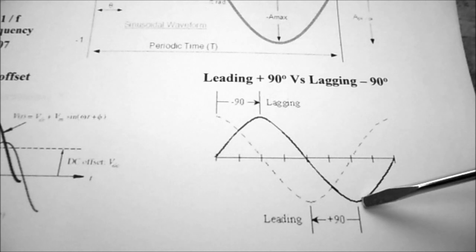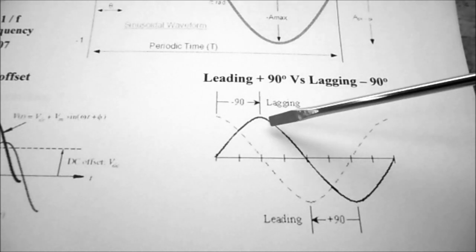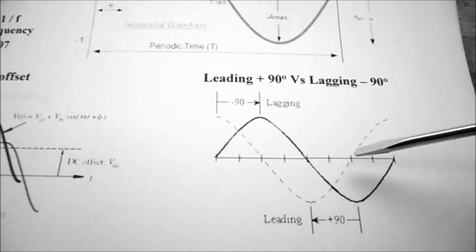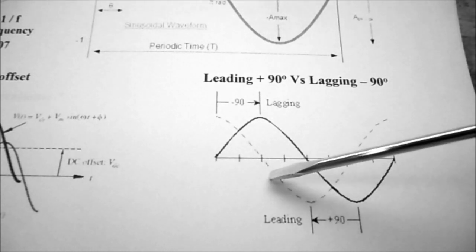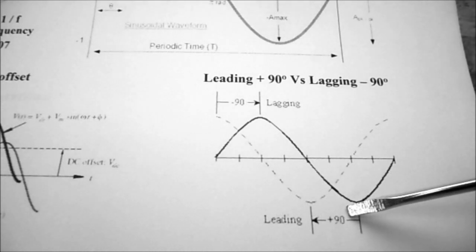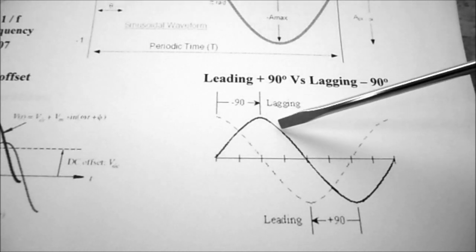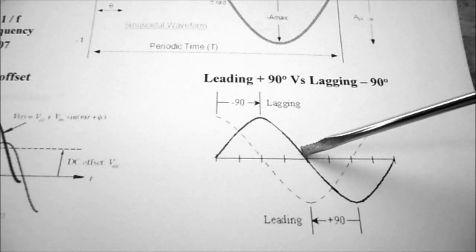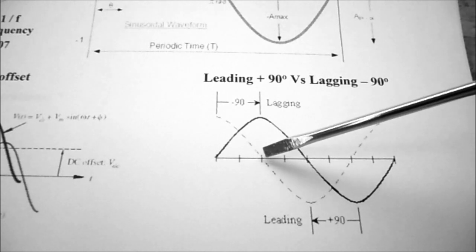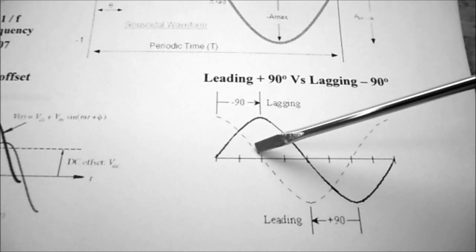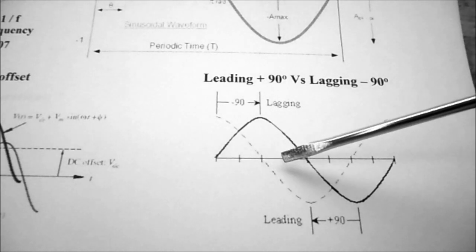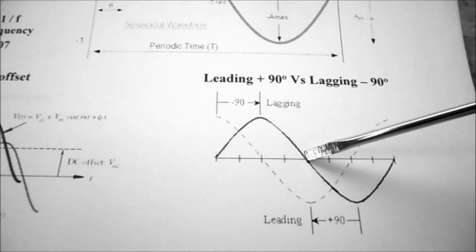If we use the solid waveform as our reference waveform, then the dotted line waveform is actually leading by plus 90 degrees. So the solid waveform crosses the 0 line here. The dotted line waveform crosses the line back here. So it crosses the line first before the solid waveform.